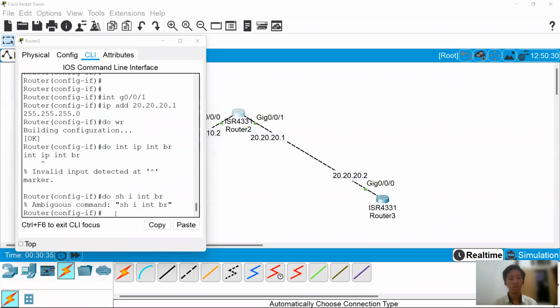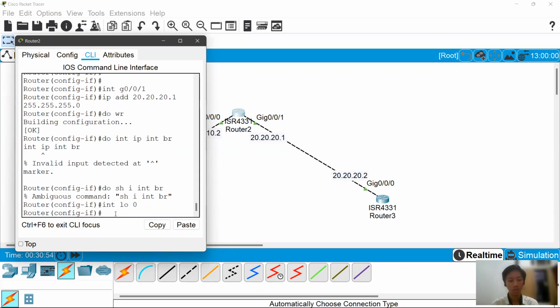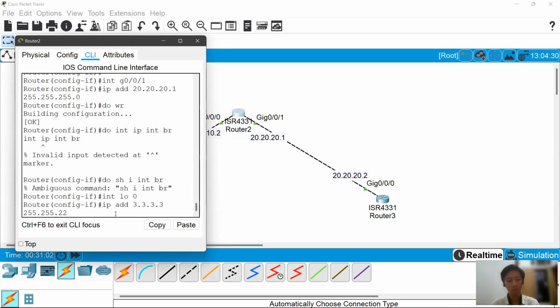Okay, in router 3, we put the interface loopback 0 IP address 3.3.3.3 255.255.255.255.